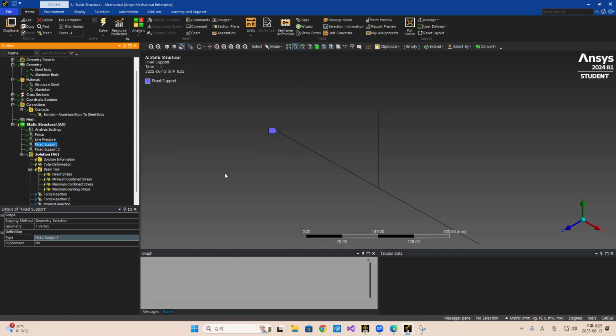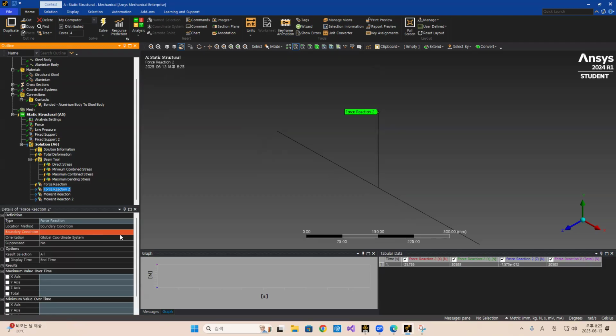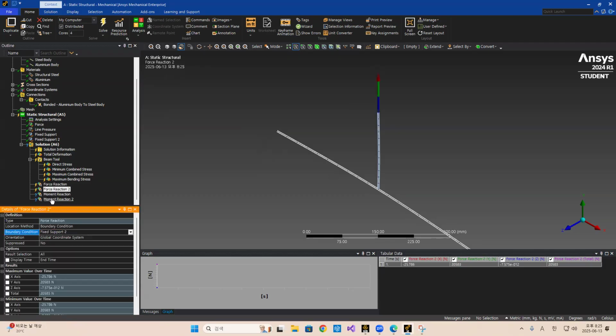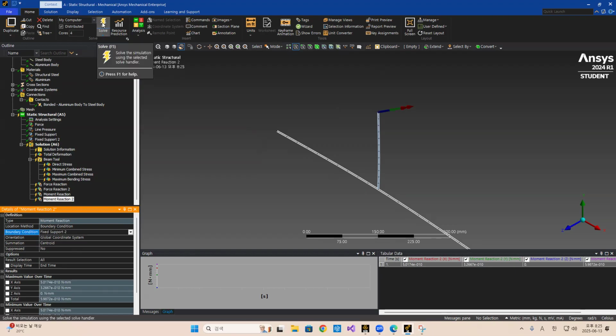Then change the boundary condition to fixed support, and the moment reaction at fixed support 2, and solve it again.